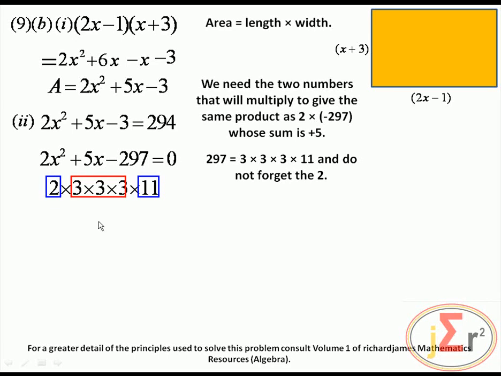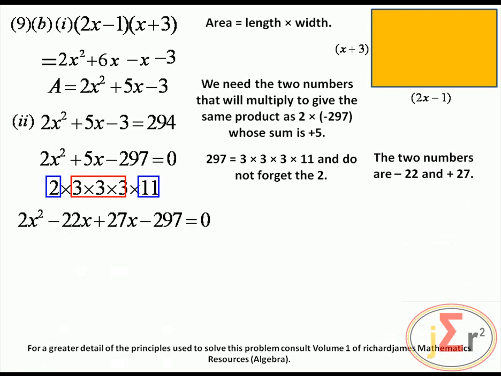So it is a positive 27 and a negative 22. So the two numbers are negative 22 and positive 27, and we are going to factorize the resulting quadratic expression by grouping. So we will take a common factor of 2x here, and of course we will take a common factor of 27 here.